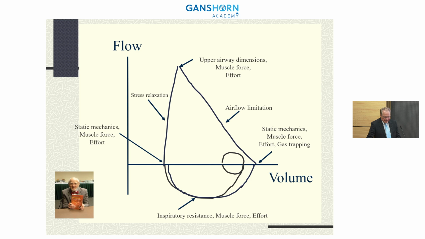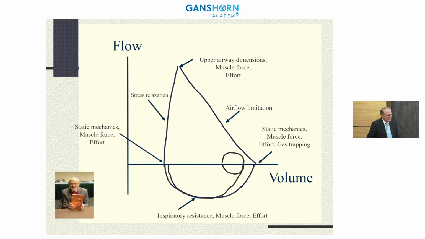So when we take that deep breath in, there is inspiratory resistance of the airways. It requires muscle force in order to take a deep breath in. And as I mentioned, in individuals with neuromuscular disease, their reduction in vital capacity is because of the weakness of their inspiratory muscles. All of these things take effort.